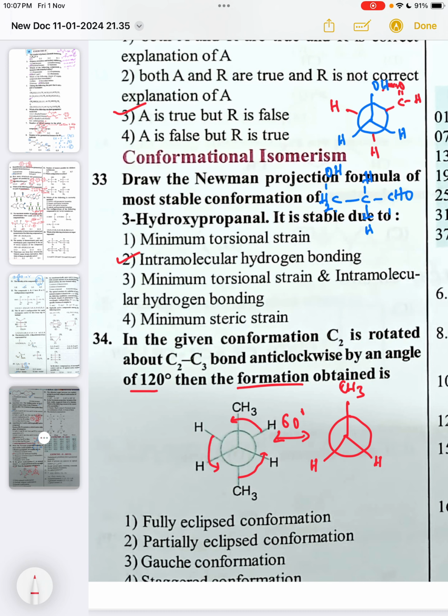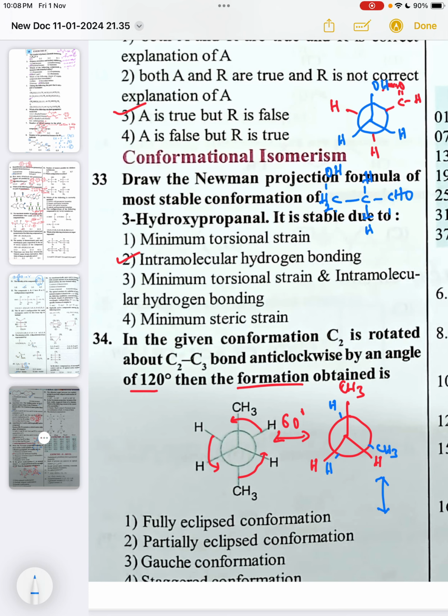Here CH3 will come, then here H will come, and here H will come.